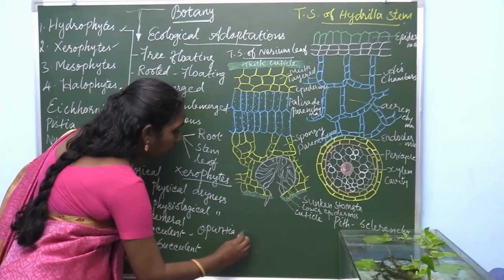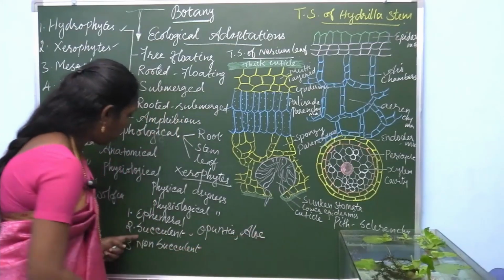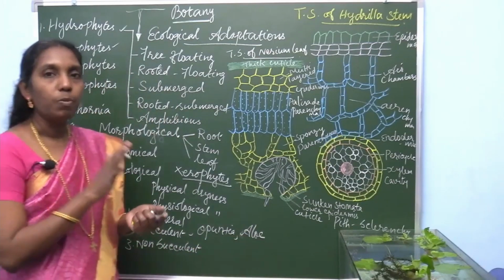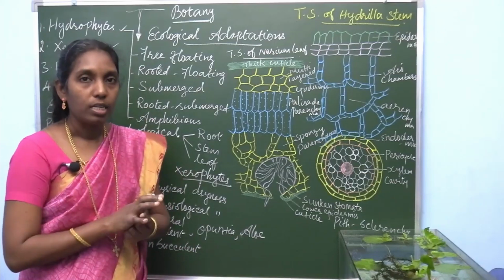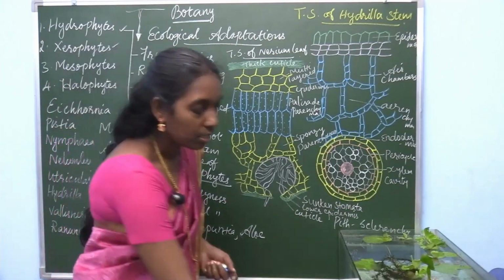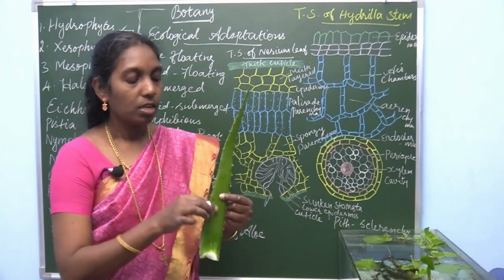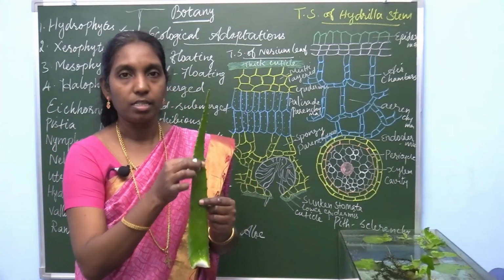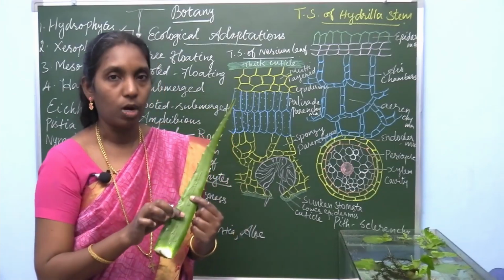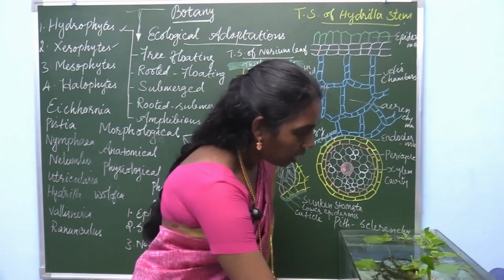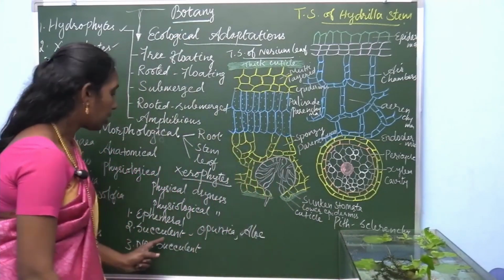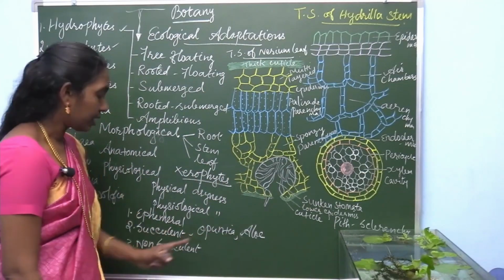These plants store water in their parts. This is the example Aloe, a succulent xerophyte. In the leaf part, it stores water. That is a succulent xerophyte, Opuntia as well as Aloe.